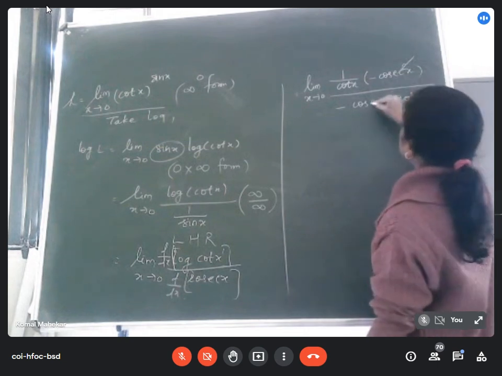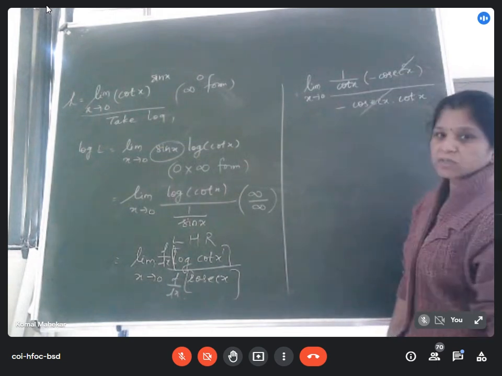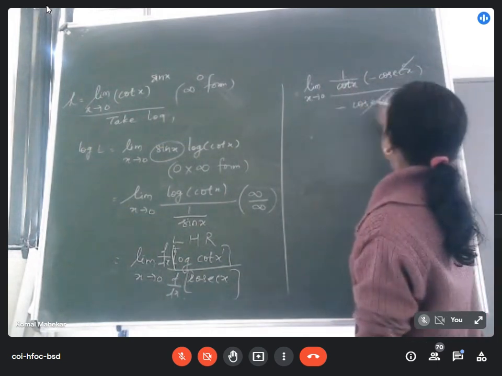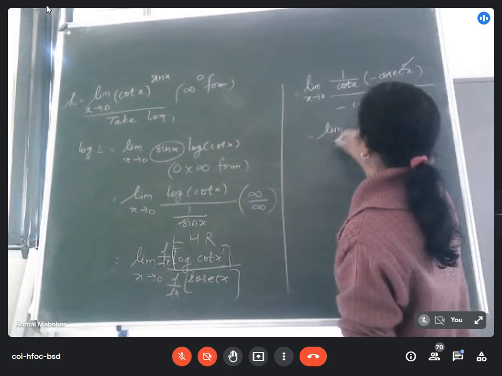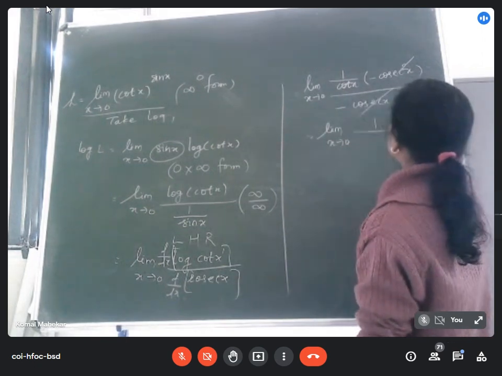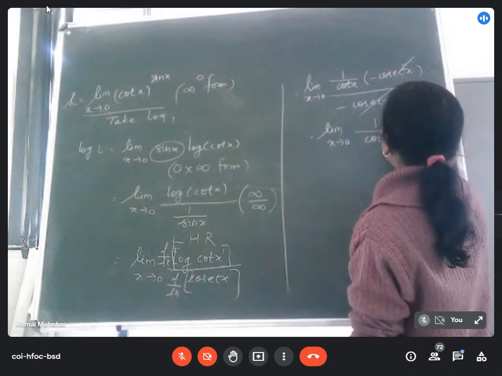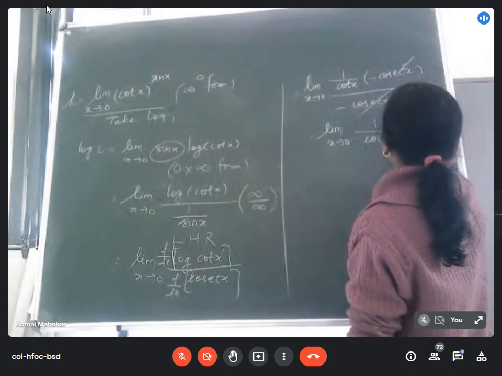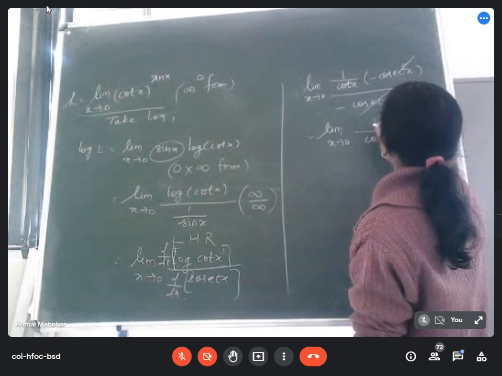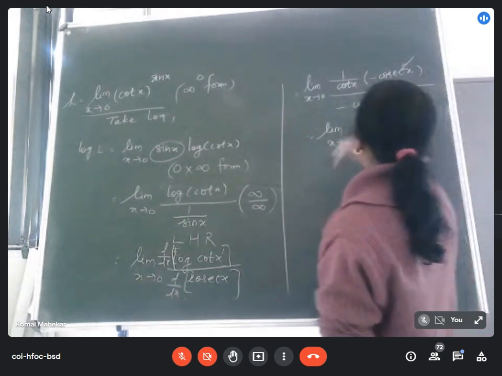So see here, one cosec with the other cosec gets cancelled. 1 upon cot into cot square, that becomes cot square x. So limit x tends to 0, this is 1 upon cot square x multiplied by cosec x. With the minus sign, minus minus becomes plus.